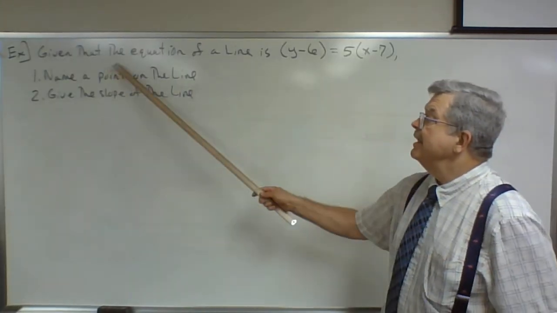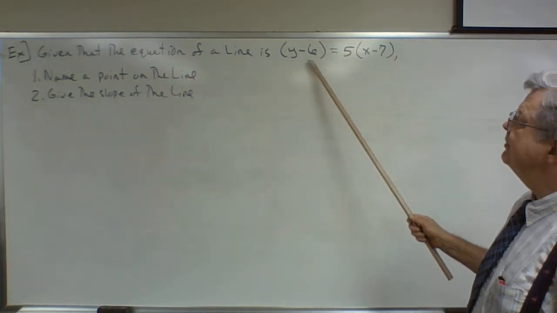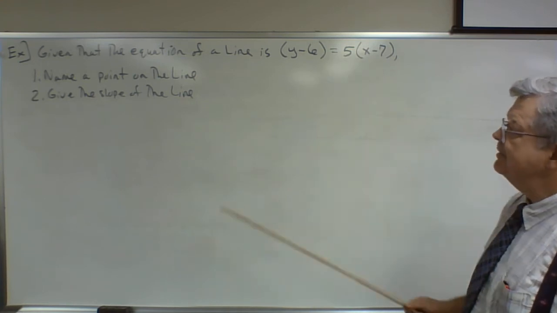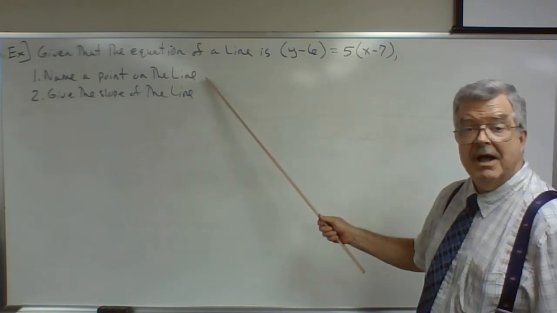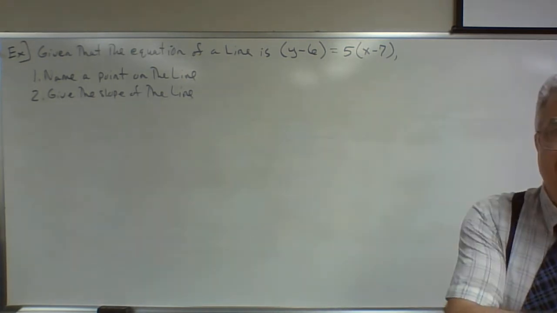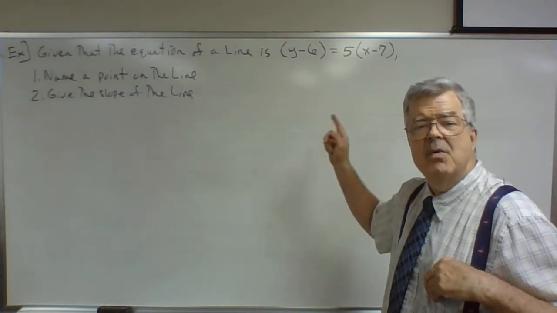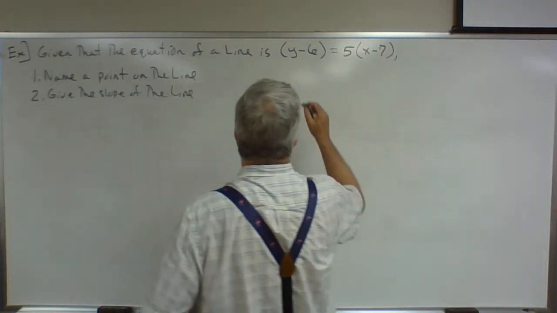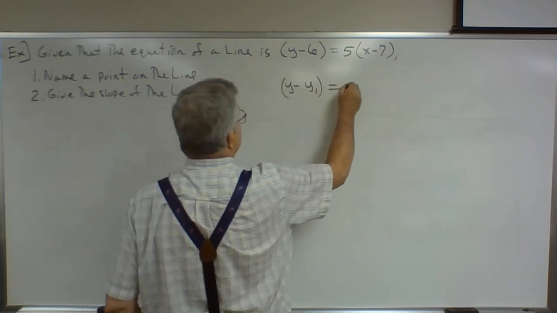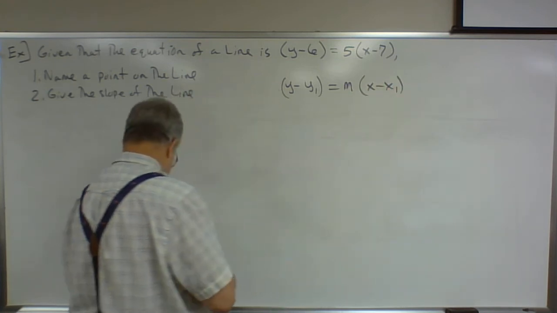Another example. Given that the equation of a line is y minus 6 equals 5 times x minus 7, name a point on the line, give the slope of the line. And again, this fits a known form. It fits the form y minus y1 equals m times x minus x1.